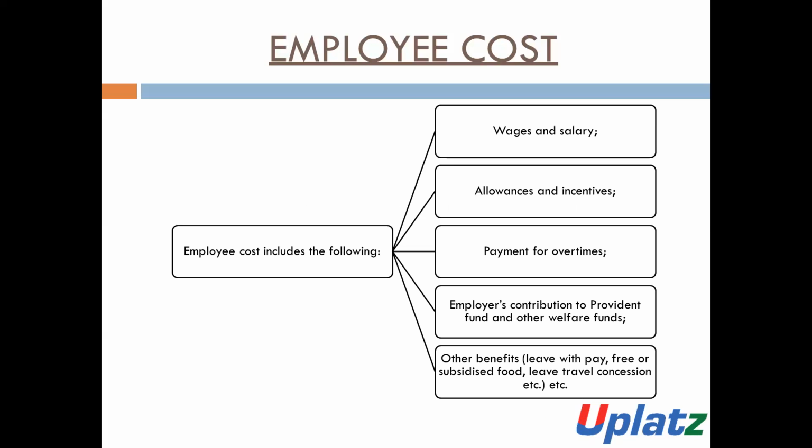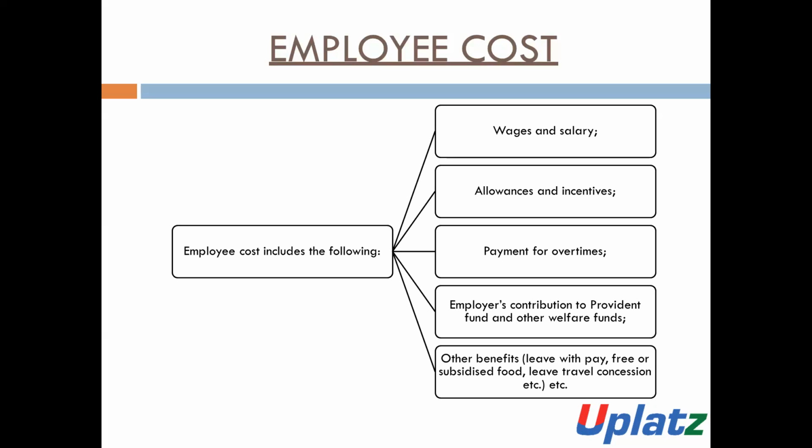Employee costs include the following: wages and salary, allowances and incentives, payment for overtime, employer contribution to the provident fund and other welfare funds, and other benefits such as leave with pay, free or subsidized food, and travel concession.